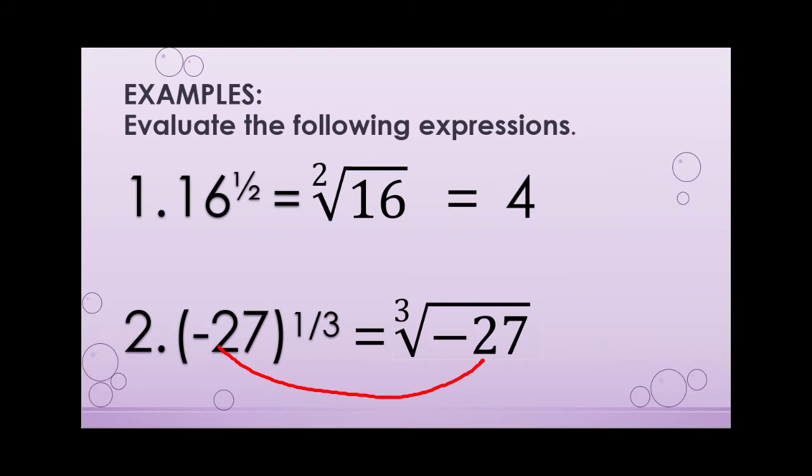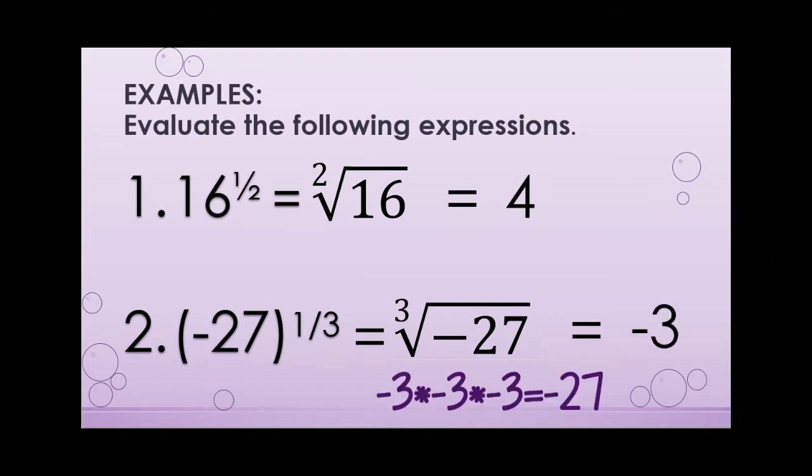And 1, hindi na rin isinulat. So, ano ngayon ang number na kapag tinimes natin ng 3 beses by itself, ang answer ay negative 27. We have negative 3.